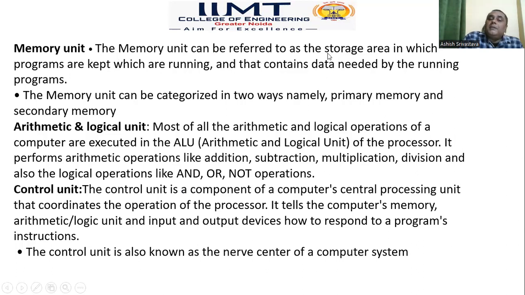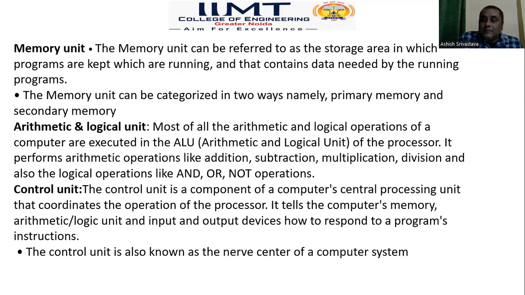The memory unit can be referred to as the storage area in which the programs that are running are kept, which contains data needed by the running program. The memory unit can be categorized in two ways, namely primary or secondary. These are the two types of memory unit. The first one is primary memory, and the second one is secondary memory.